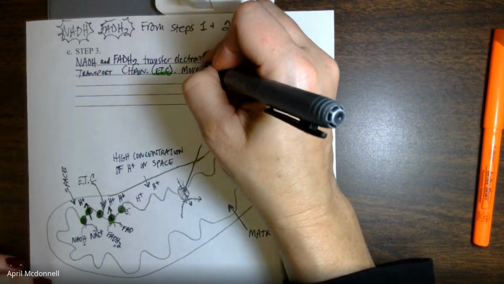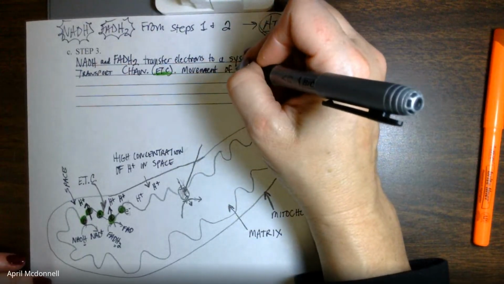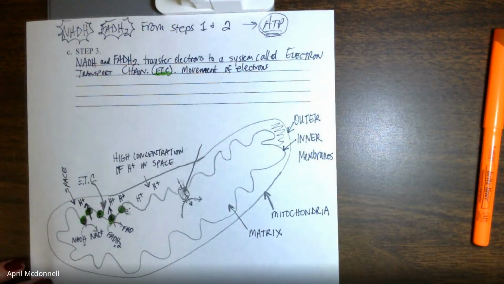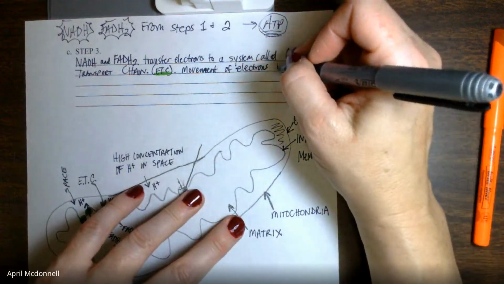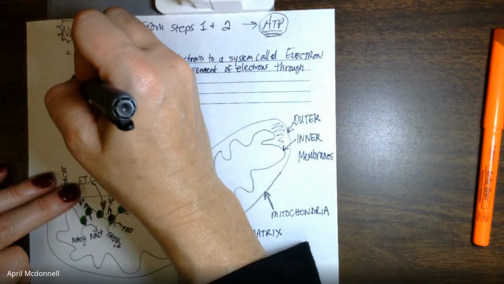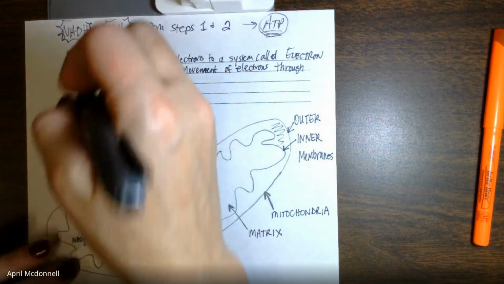So movement of electrons through the ETC generates a gradient of hydrogen ions.